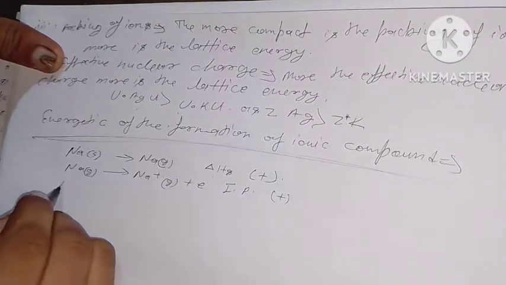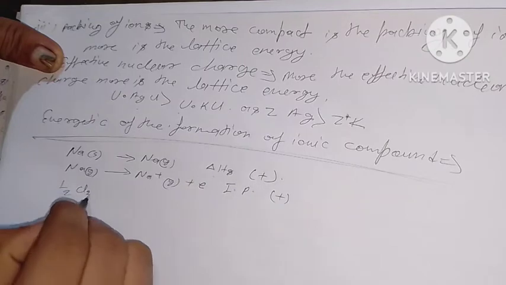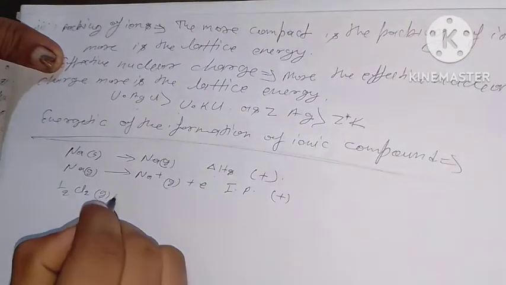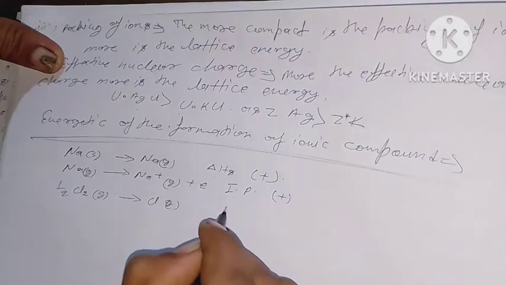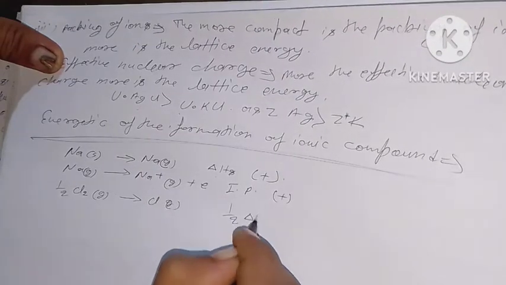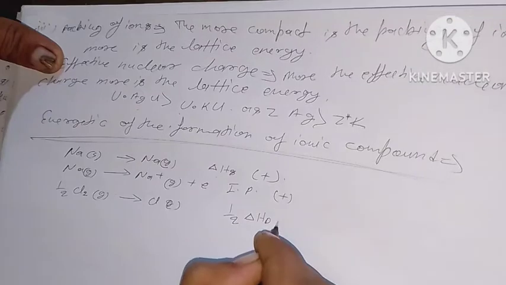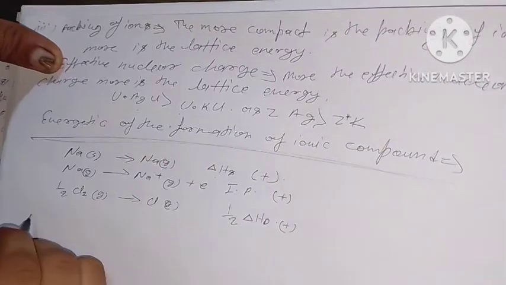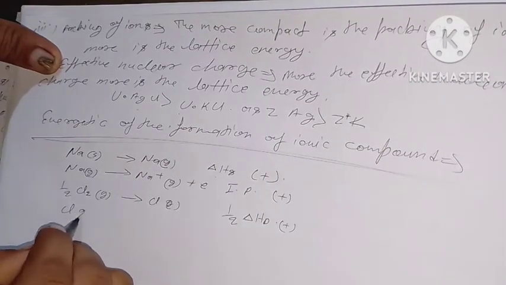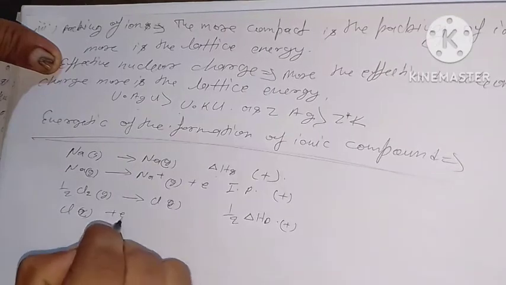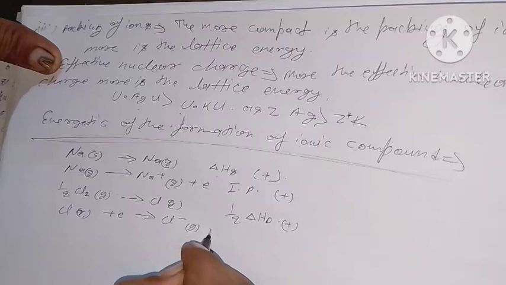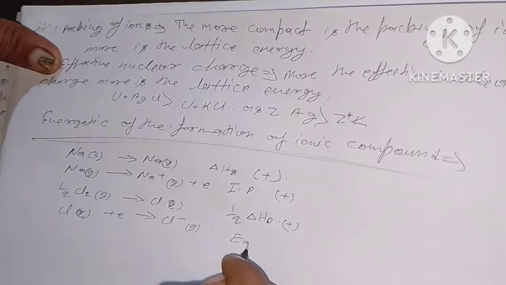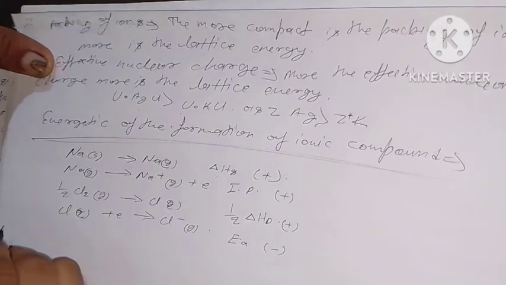Then 1 by 2 Cl2 gaseous goes to chlorine atoms, delta HD positive, and chlorine plus electron gives Cl negative in gaseous state, that is EA negative.